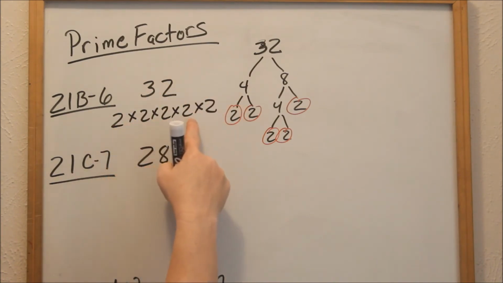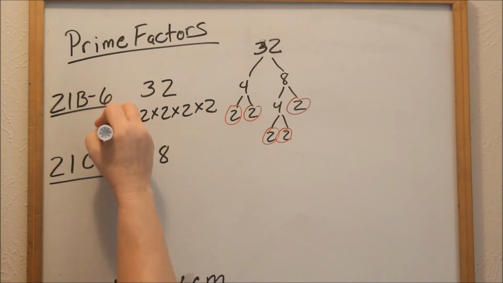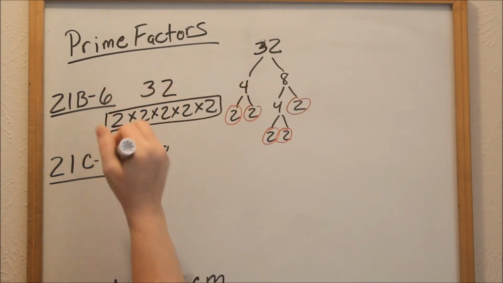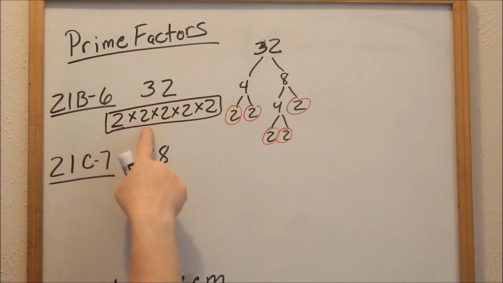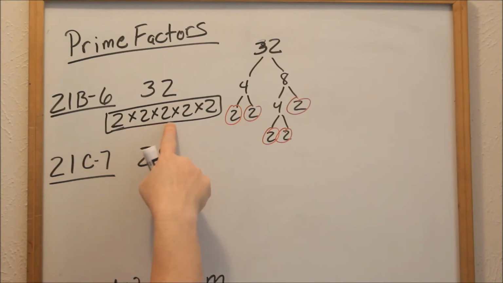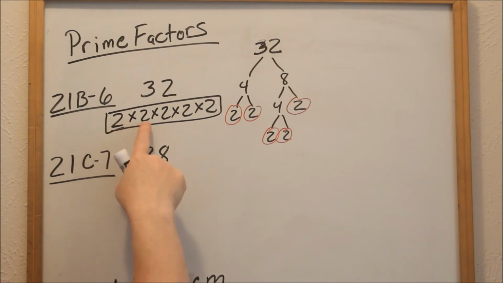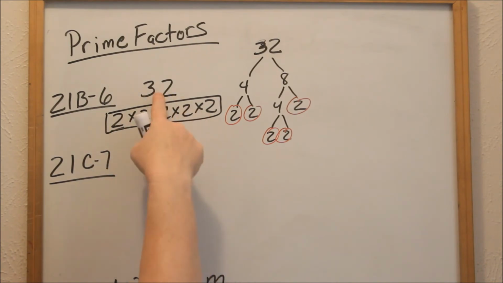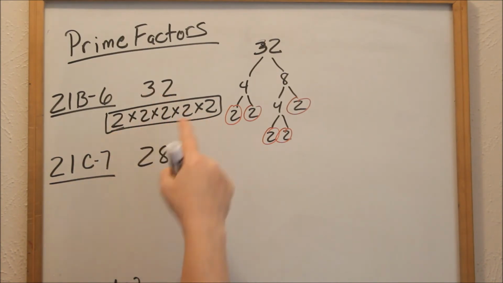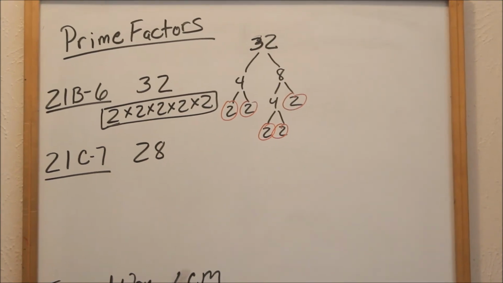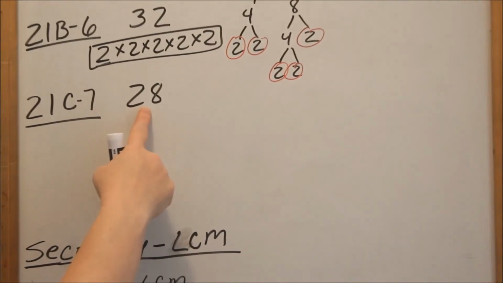This is the way you write the answer. And if you multiply this all out, 2 times 2 is 4, times 2 is 8, times 2 is 16, times 2 is 32. So 2 times 2 times 2 times 2 times 2 is 32, and this is broken down into prime factors.